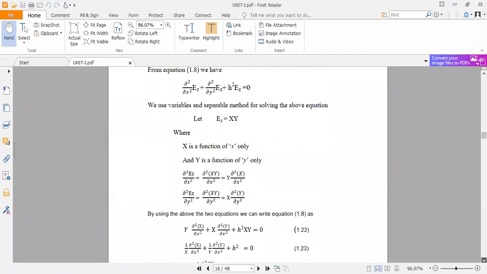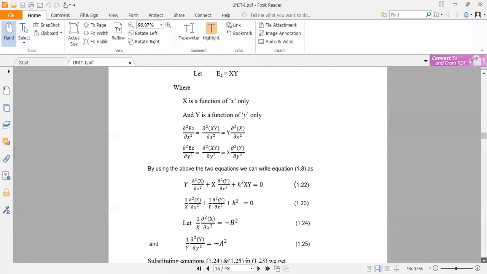Now tell me, by substituting these two in this expression, instead of dou square by dou x square Ez, you can write Y into dou square capital X by dou x square, plus X into dou square Y by dou y square, plus h square into capital X into capital Y. So multiply and divide by capital X into capital Y. What are you going to get? 1 by X dou square X by dou x square, plus 1 by Y dou square Y by dou y square, plus h square is equal to 0. So this is equation 1.23 that you are going to get.